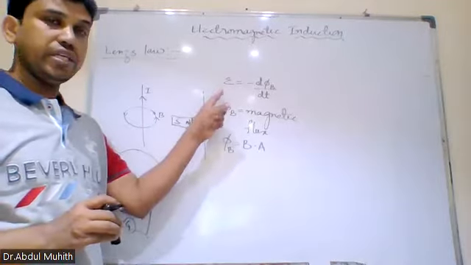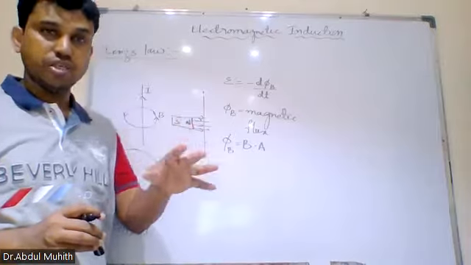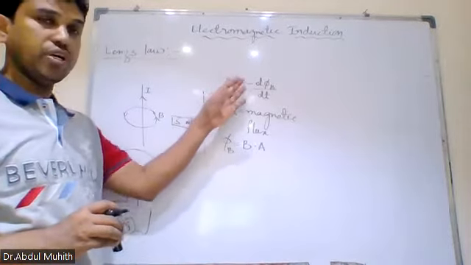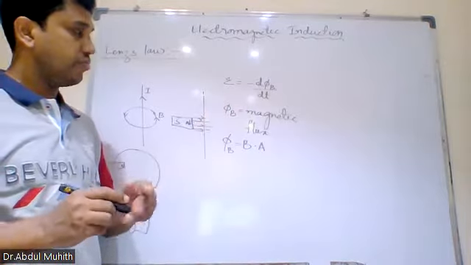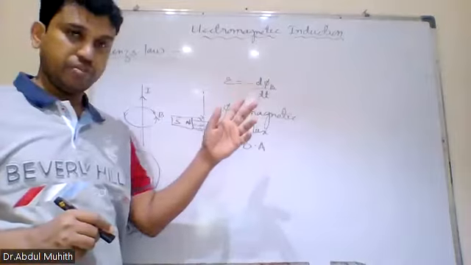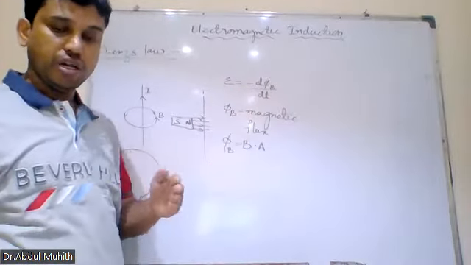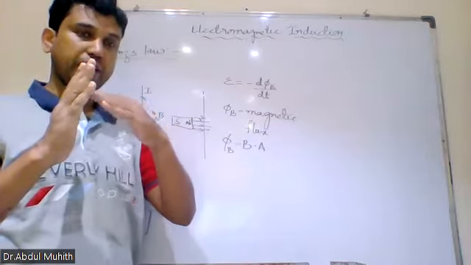What is E? E is induced EMF. Instead of saying induced current, we are saying induced EMF. So induced EMF E is equal to minus d phi b by dt, where phi b is the flux, and d by dt means time rate. Suppose there is a coil and we are moving the magnet back and forth.